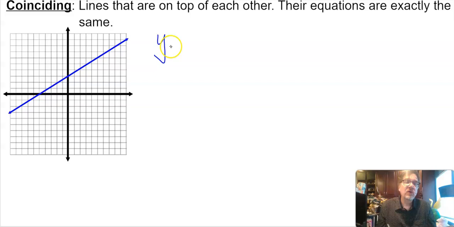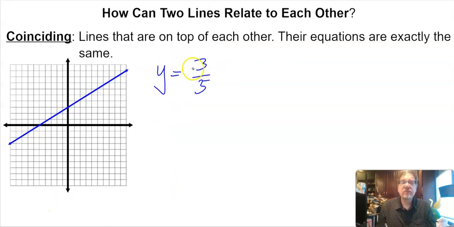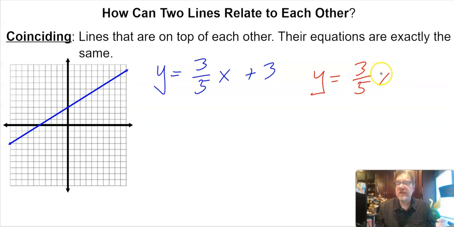I would have y equals, we already found the equation of this line, 3/5 x plus 3. And I have a red line where the equation is again y equals 3/5 x plus 3. So notice m equals m and b equals b.